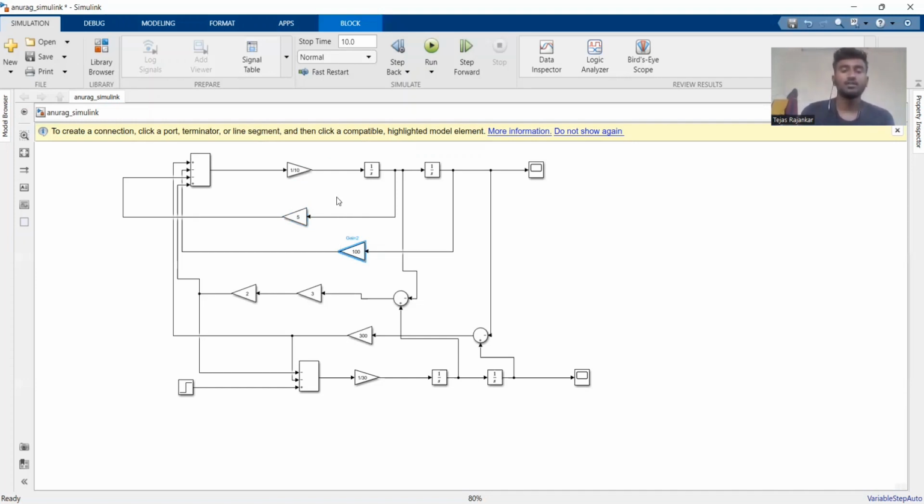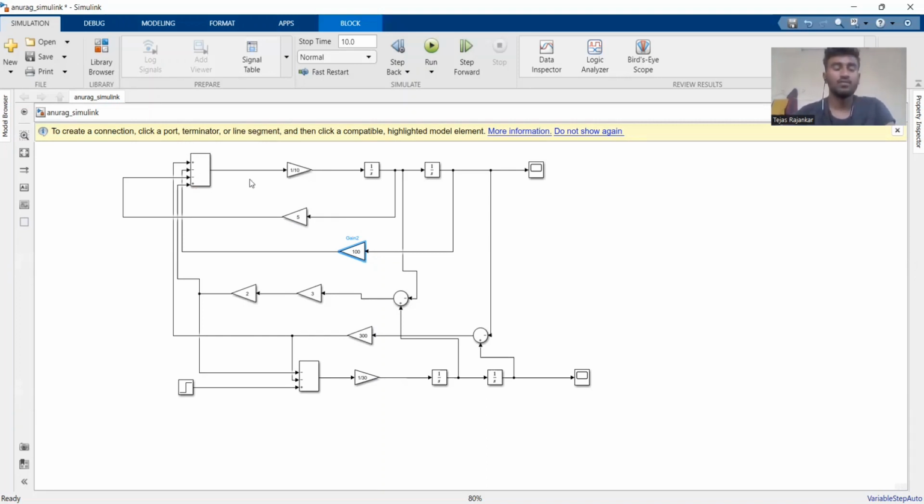After that, from the integrator block of velocity, we got the velocity, and it is multiplied with the damping coefficient of the first system, which results in c1 into x1 dot. As per our equation, c1 into x1 dot has a negative sign, so we connected it to the negative part of the first sum block.